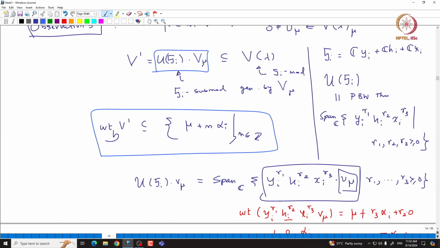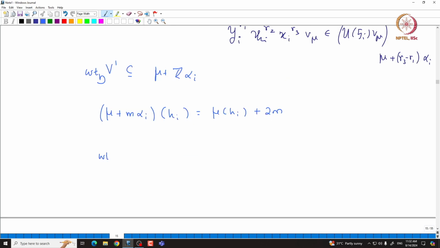So, in particular we know that the hi eigenvalues of this V dash module will be symmetric. Okay. So now I am looking at the HI weight. If I look at weight HI of V dash, we know that this is the same as minus weight HI of V dash.